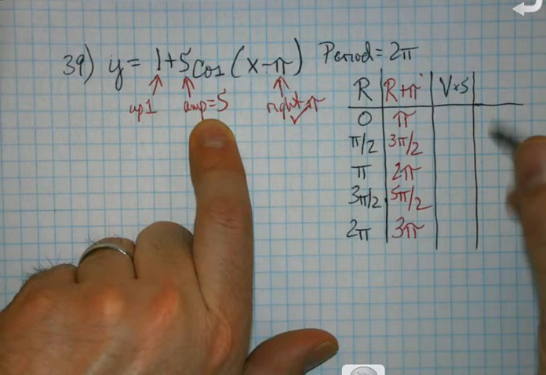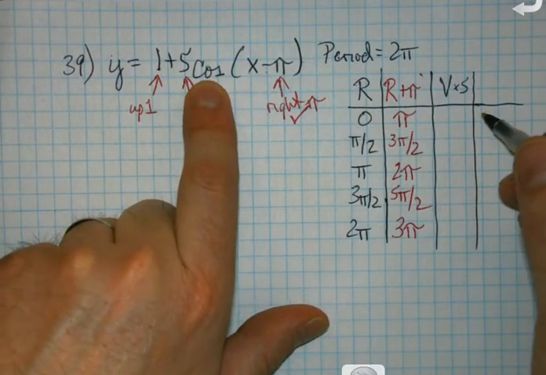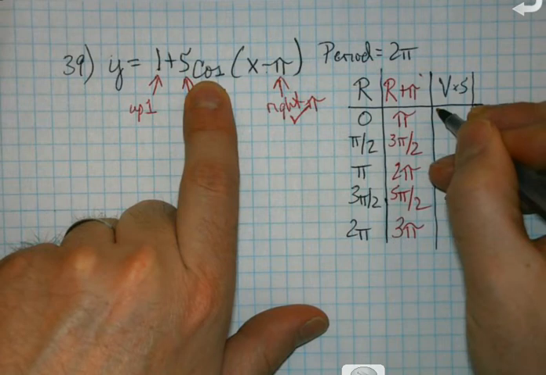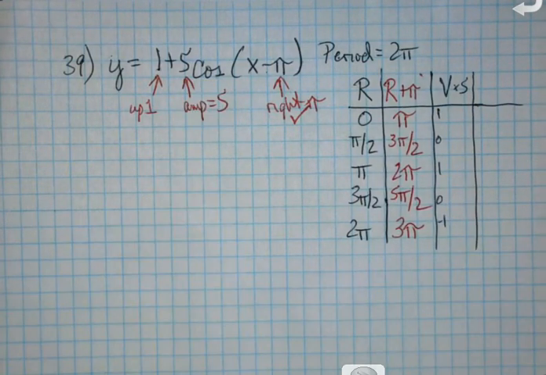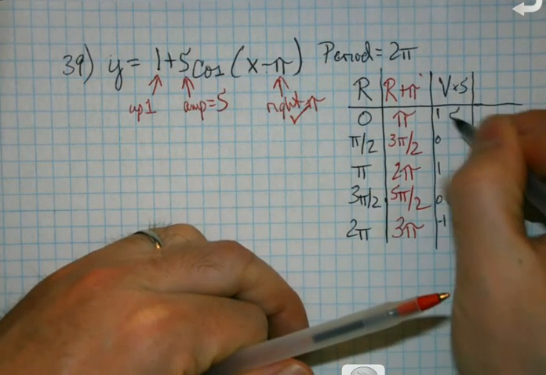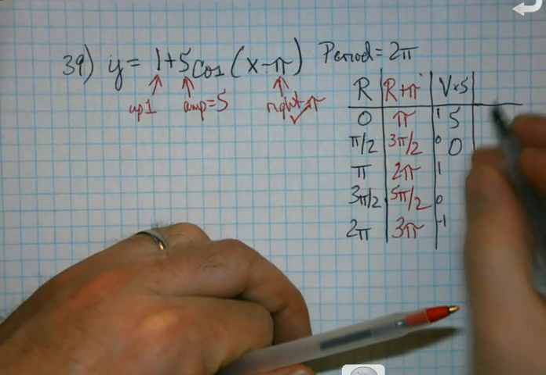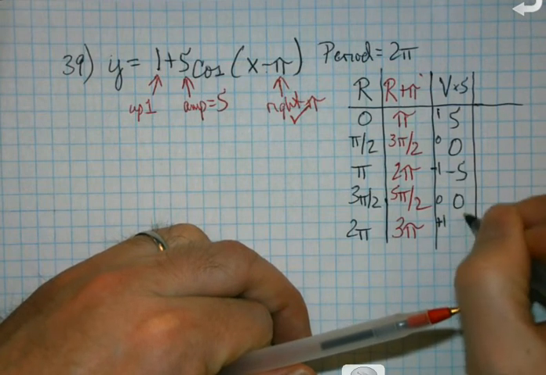We're dealing with cosine here, so what do we normally start with? We normally start with 1, and I'm going to times them all by 5. So I'd have 5, 0, negative 5, 0, 5.